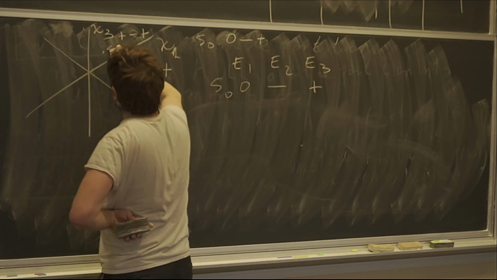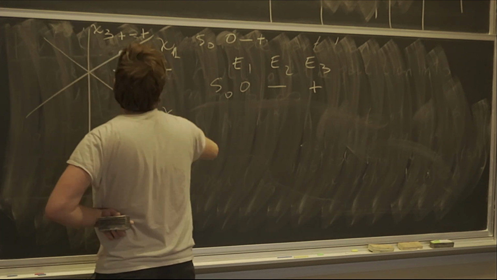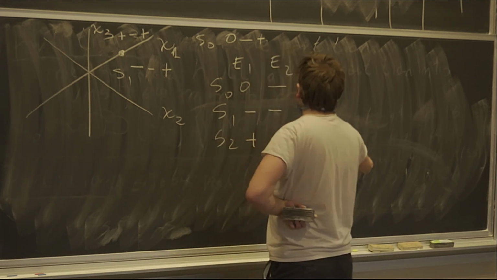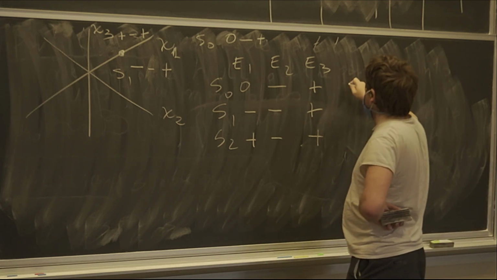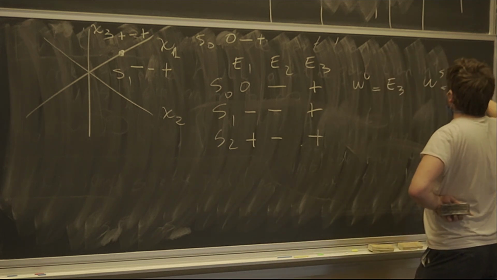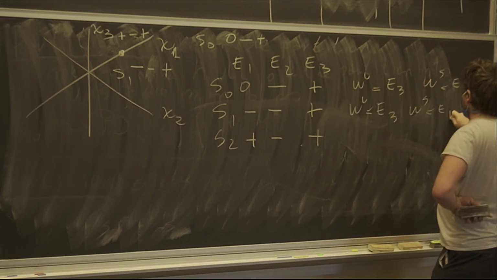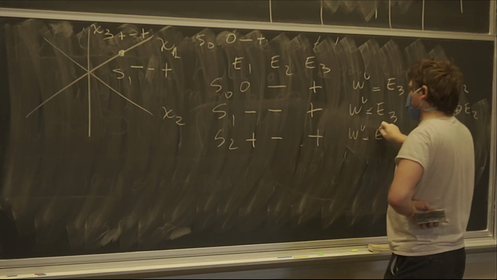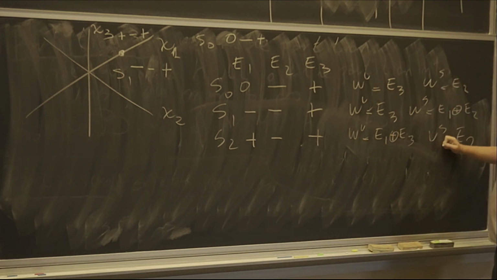If I take S1, I said S1 was with the guy negative. S1 is minus minus plus, and S2 is plus minus plus. Now for this guy, the unstable is E3 and the stable is E2. For this guy, the unstable is E3 and the stable is E1 plus E2. And for this guy, the unstable is E1 plus E3 and the stable is E2.